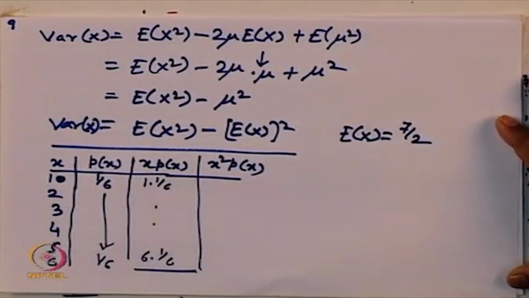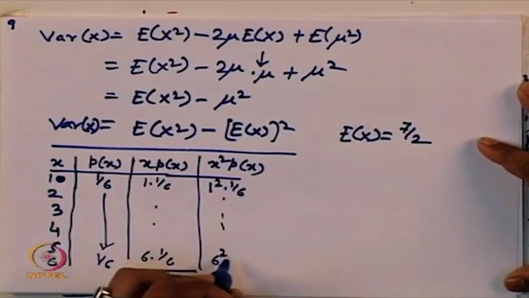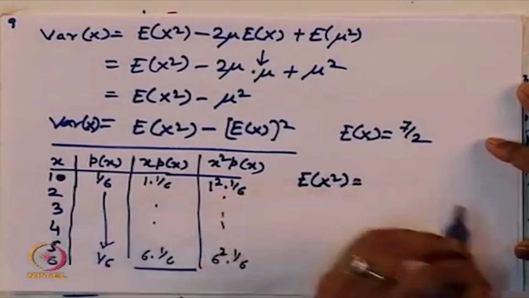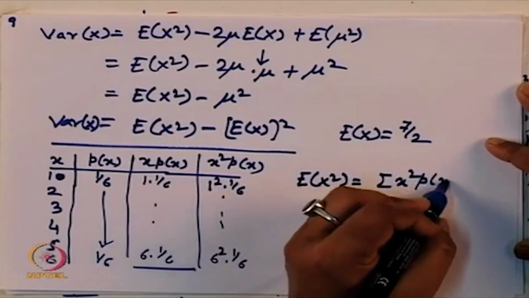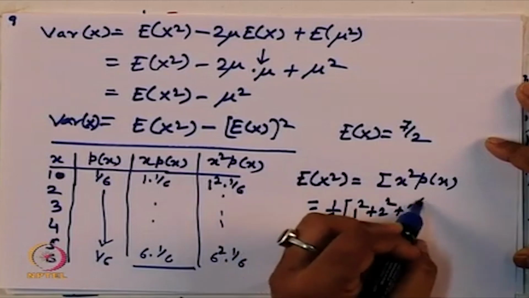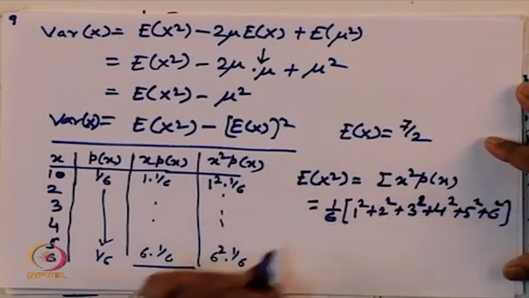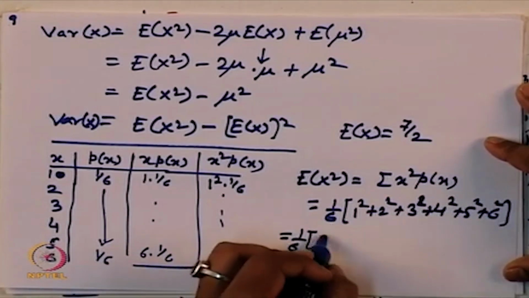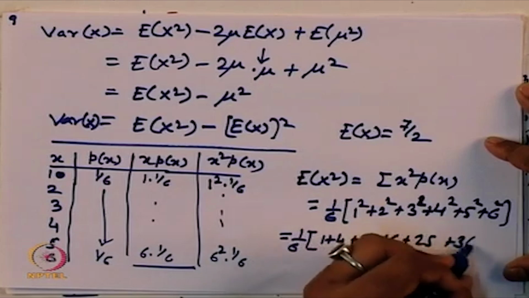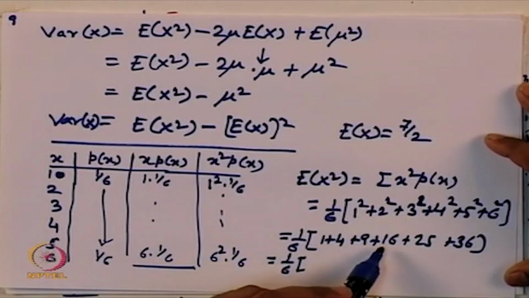Okay. Let us calculate the value of x square p x, it is 1 square times 1 by 6, like this, up to 6 square times 1 by 6. So, your E of x square is summation x square p x, which is 1 by 6 times (1 square plus 2 square plus 3 square plus 4 square plus 5 square plus 6 square), which is 1 by 6 times (1 plus 4 plus 9 plus 16 plus 25 plus 36), which is 91 by 6.